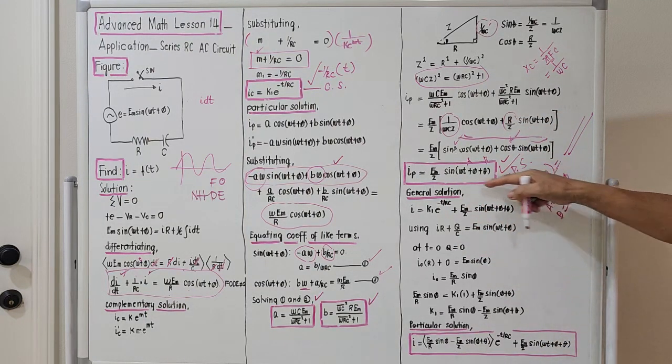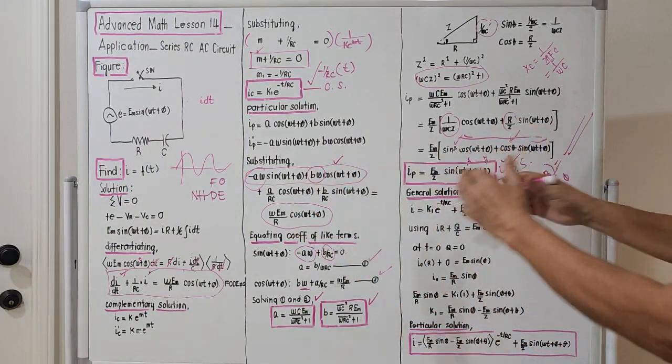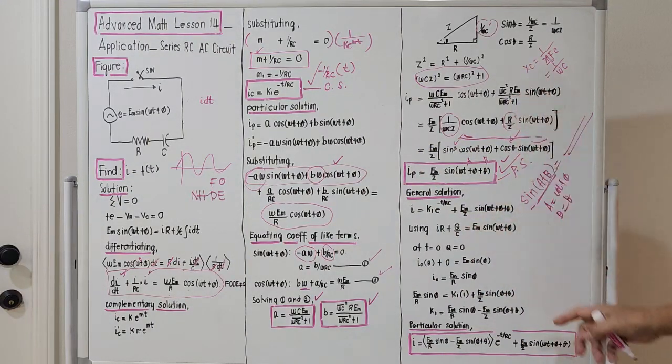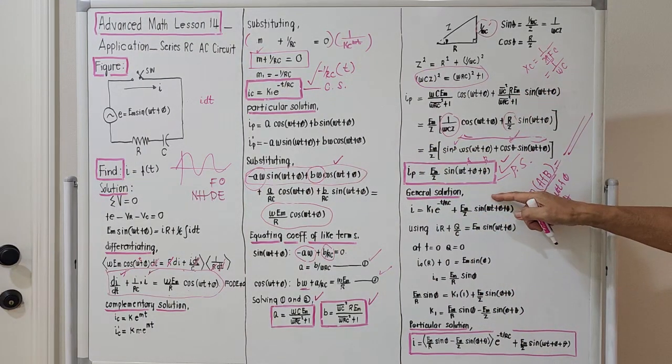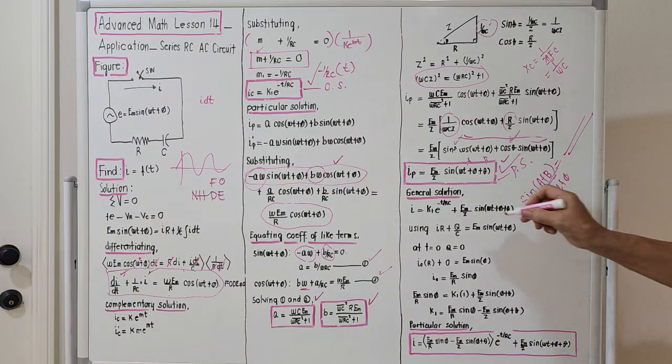The simplified, because this was expanded and we try to simplify it into the compressed one. It will be E sub m over Z times the sine of the quantity omega t plus angle P plus theta. So, okay, that's the general solution. We have not yet computed the value of K1. Let's try to compute for the value of K1.